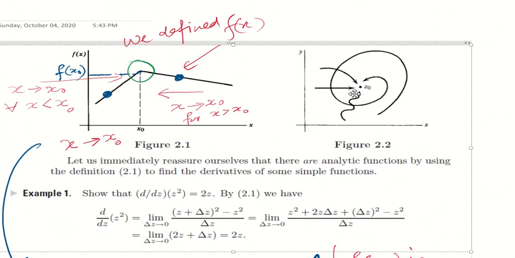So for example, if we are defining a derivative at this point, whether we are approaching from this direction, this direction, this direction, or along this direction, it should always give us the same single value, and only then this function is defined. Or what we call it, it has a complex derivative. The function has a complex derivative.